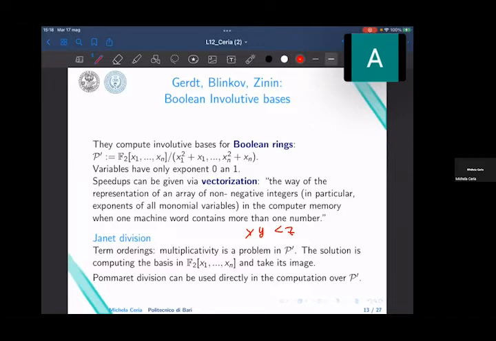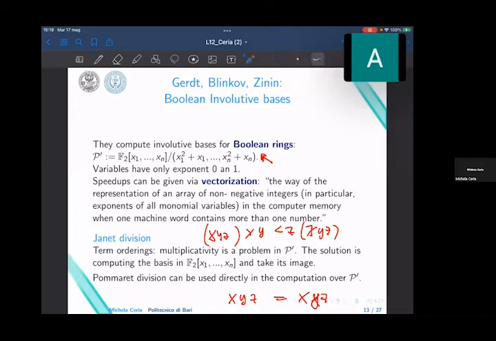Well, multiplicativity says that if I multiply both sides by the same monomial, I should get the same inequality. Let's multiply by xyz and xyz again. Well, since the exponents are 0 and 1, for both sides I get xyz. So xyz is equal to xyz, and the inequality is not preserved.